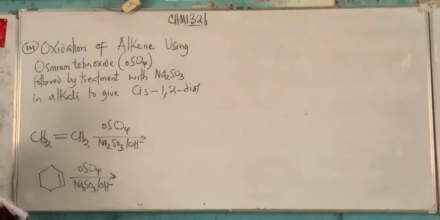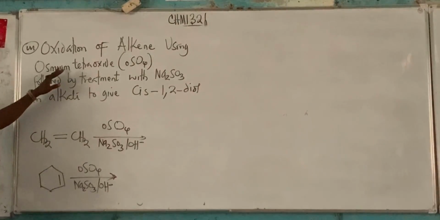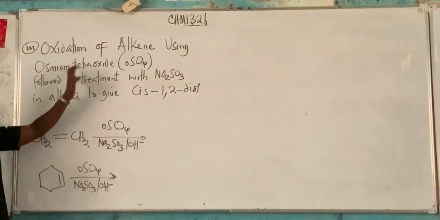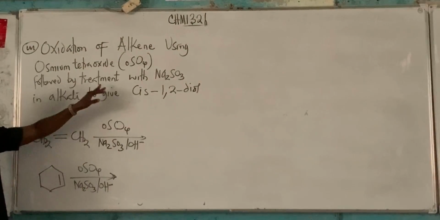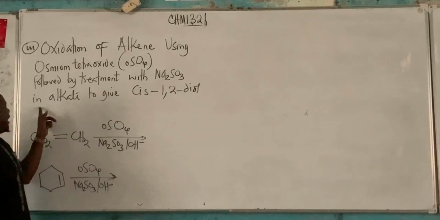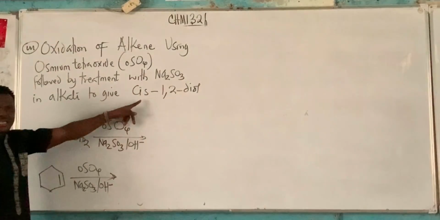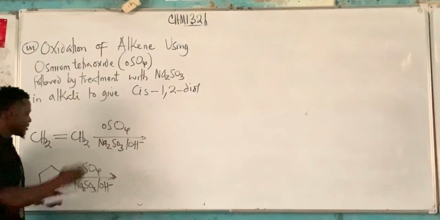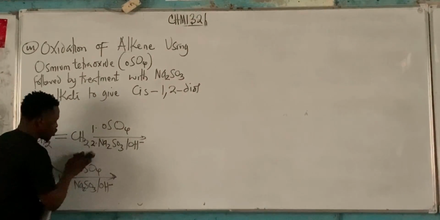Now look at this. This description says oxidation of alkene using osmium tetraoxide followed by treatment with this in an alkali to give cis-diol. So it's a two-step process. This is 1 and this is 2.